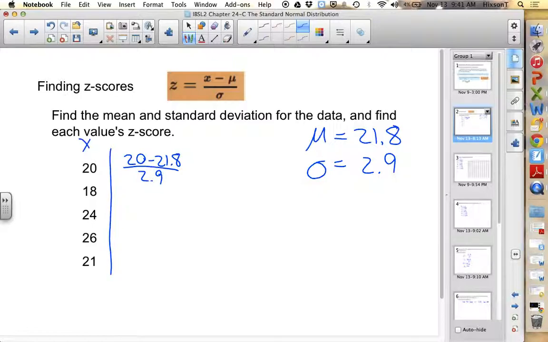So here's our x value, here's our z value. Okay? So that'd be a negative 1.8 over 2.9. And what does that come out to? Anyone have that? Negative 0.62. Okay, negative 0.62.